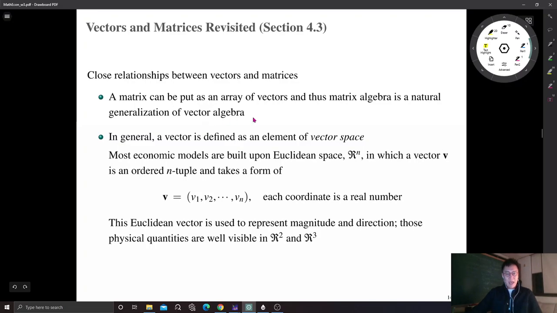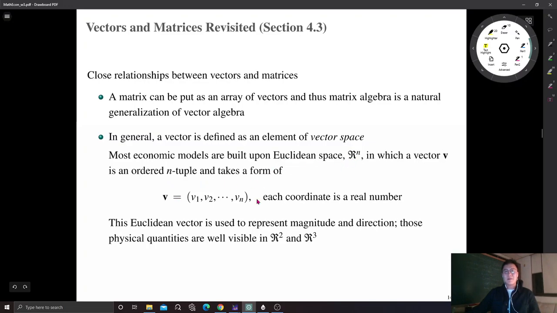The formal definition of a vector is an element of a vector space. So we would need to define vector space, but this is beyond our class because we are going to study mathematical tools for economic models. Almost every economic model in an undergraduate program is defined in Euclidean space. So I think it's enough to define a vector in a Euclidean space.